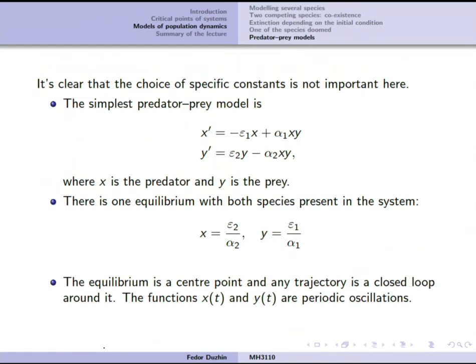So the functions are going to be periodic oscillations, and the maximum points for the prey are going to be a little bit ahead of the maximum points for the predator, meaning that once prey reaches its maximum, it starts declining, and then predator reaches its maximum slightly later.